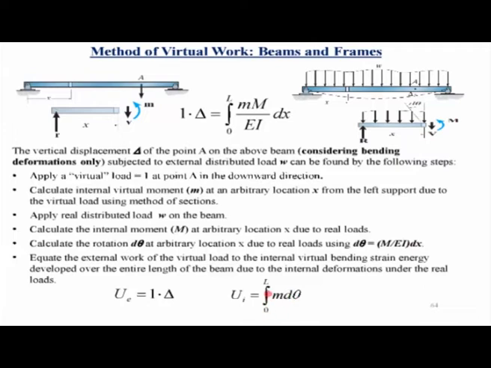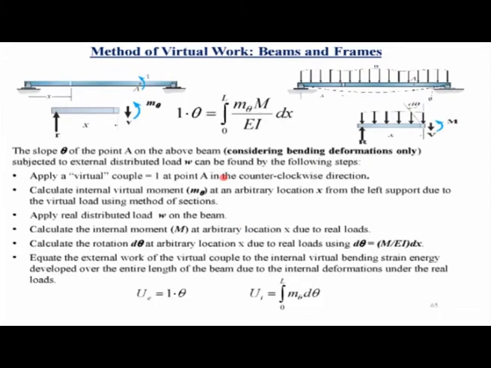You replace that here and integrate with respect to x from 0 to L. So that is the final formula that you will get, where 1 is the virtual load, delta is the deformation at the virtual load application point due to the external loads, and this is the internal virtual strain energy due to the virtual load and the deformations due to the actual loads.